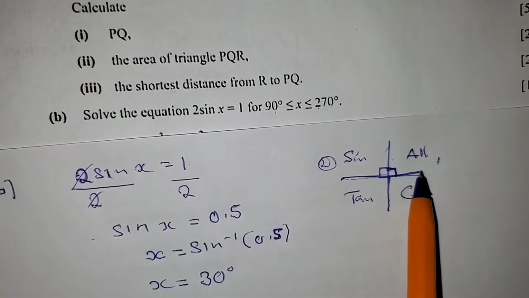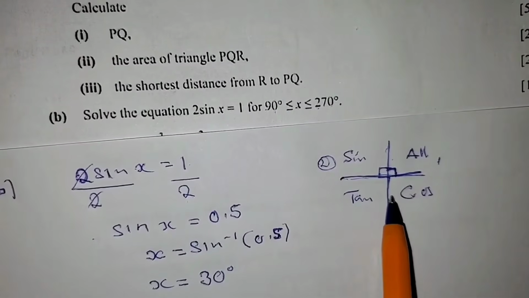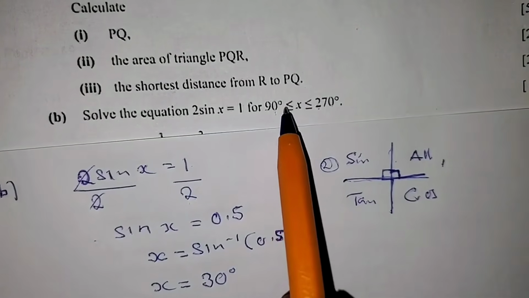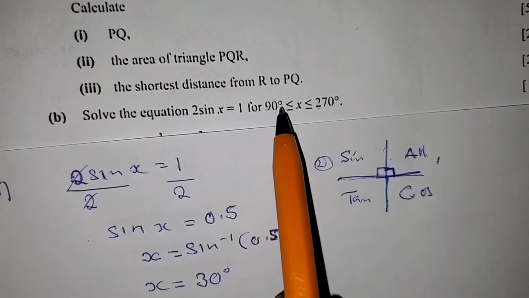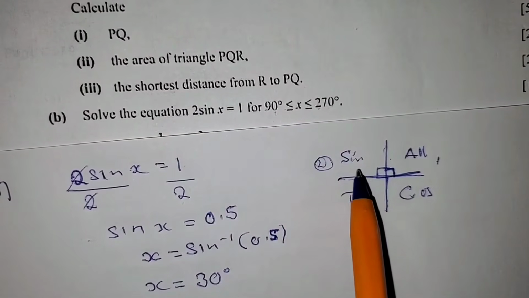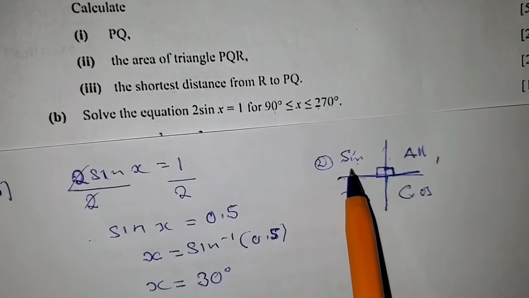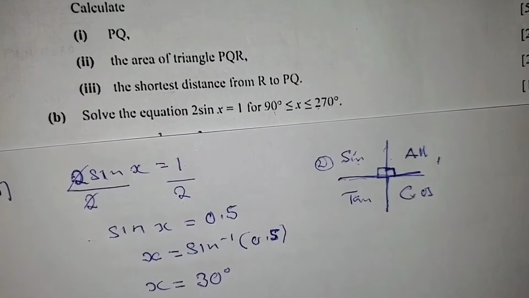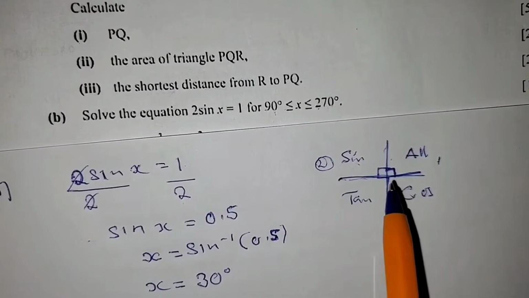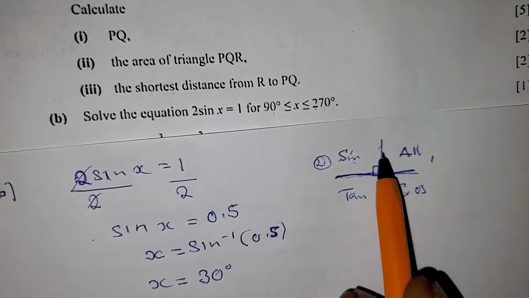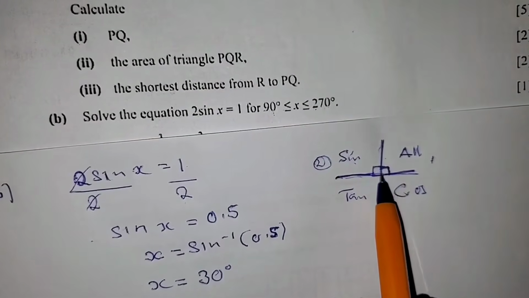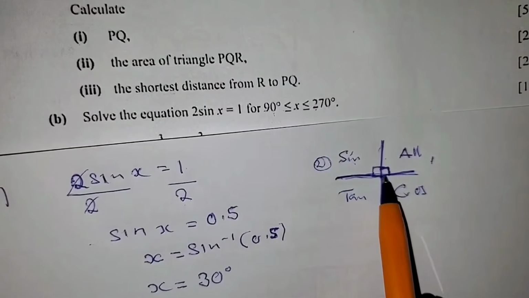No, it's not from 0 to 180 or 0 to 270. They're saying it's between 90 and 270. Now where is sine positive between 90 and 270? It's of course here, and this is 180. So our answer should be less than 180 but more than 90.